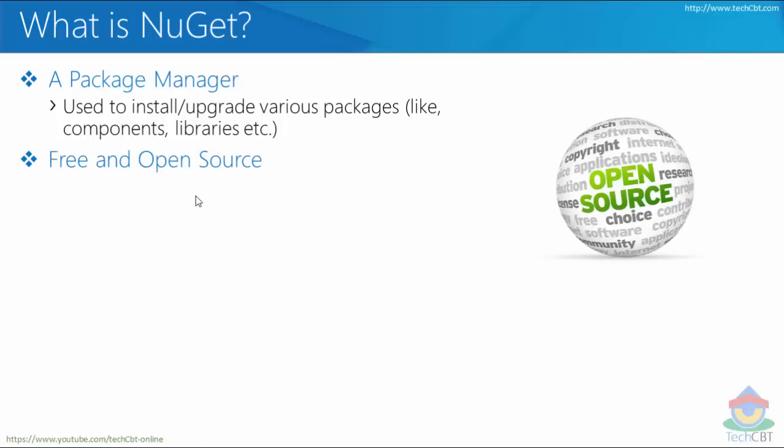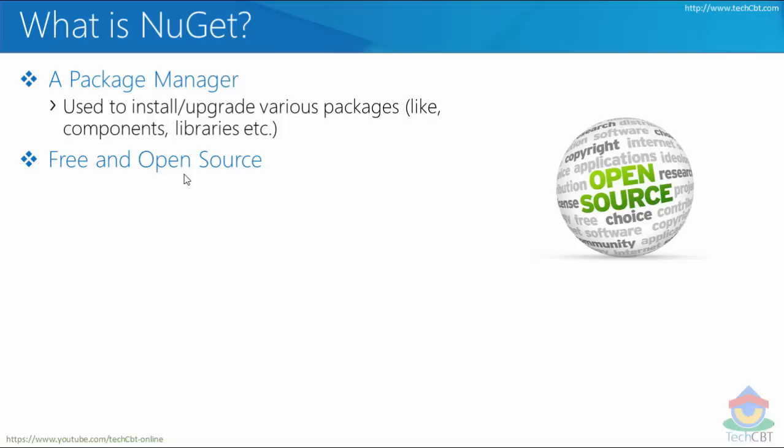NuGet is free and at the same time it is open source. So you can get NuGet onto your machine just by downloading it, and on top of it you can also contribute because it is open source. Not only that, even the NuGet documentation itself is maintained by the community, even the website too.